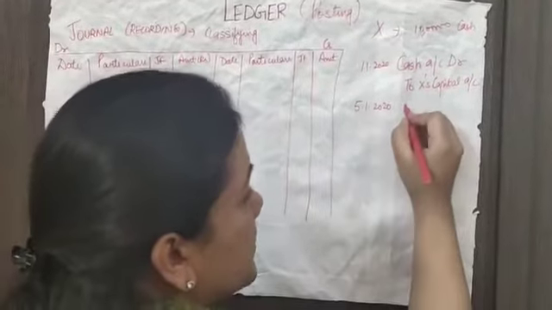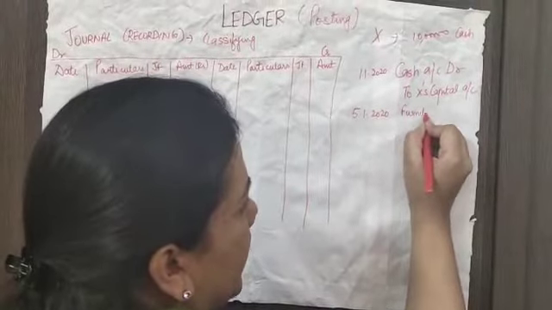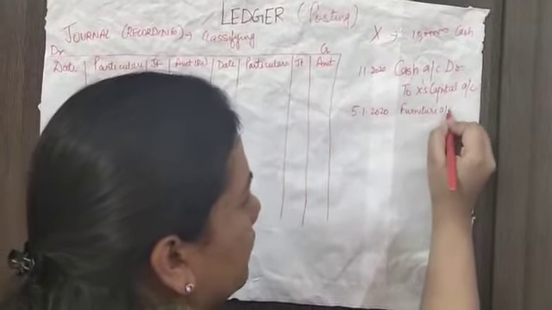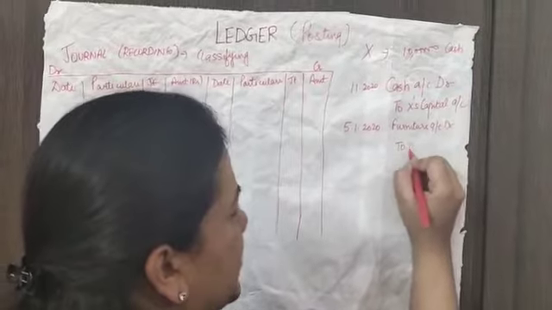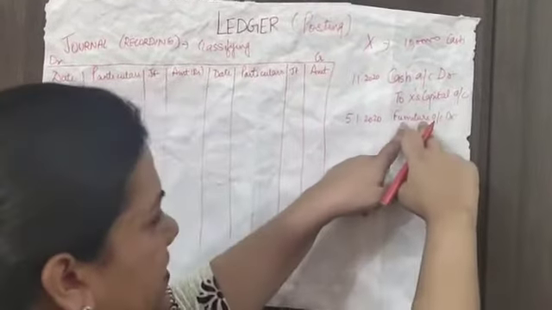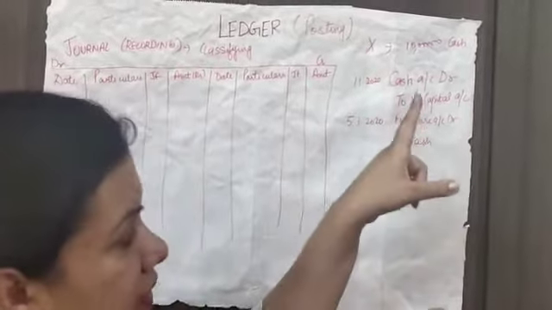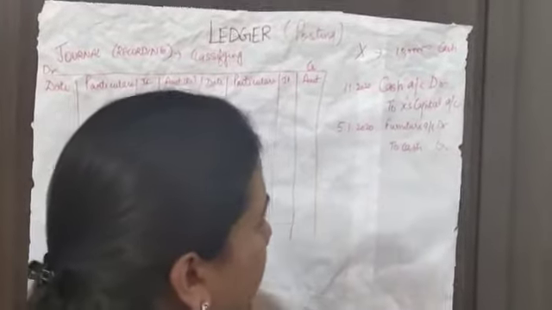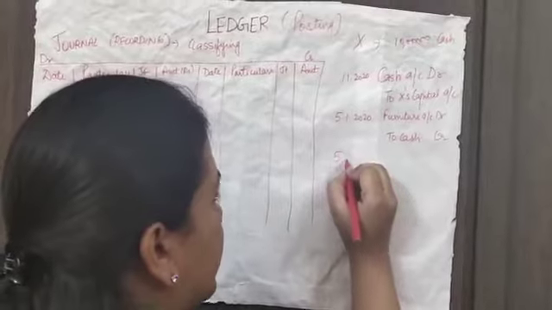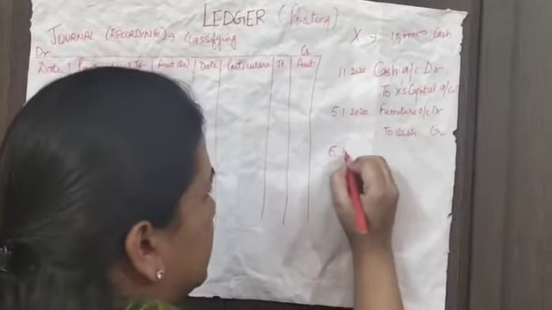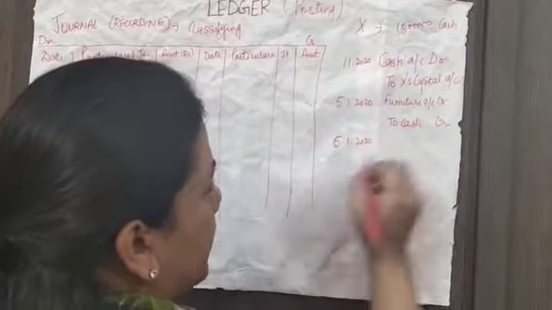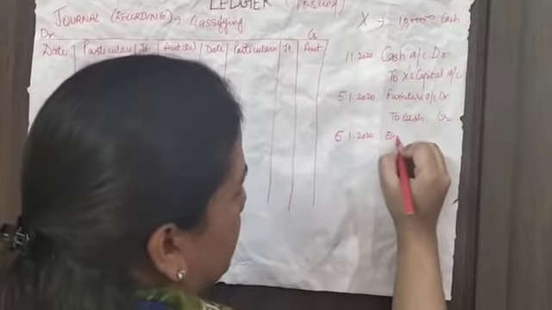On 5th January 2020, X purchased furniture for rupees 20,000. Now you know the entry is furniture account debit to cash, because furniture is an asset. Asset increase is debited, cash is an asset. When we are paying cash, it is credited. This you have already done in the previous chapter, right? Similarly, let's say on 6th January, you paid the electricity bill.